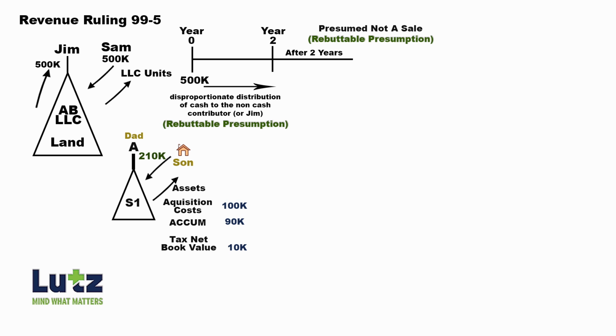How much would be, and let's say this is a depreciable building, how much would be unrecaptured 1250? 90. 90 of the 200, and how much would be 1231? The 110. Okay, so we all know those rules.